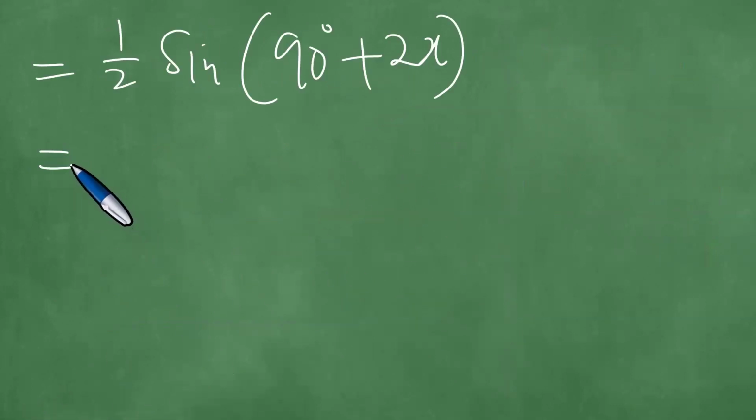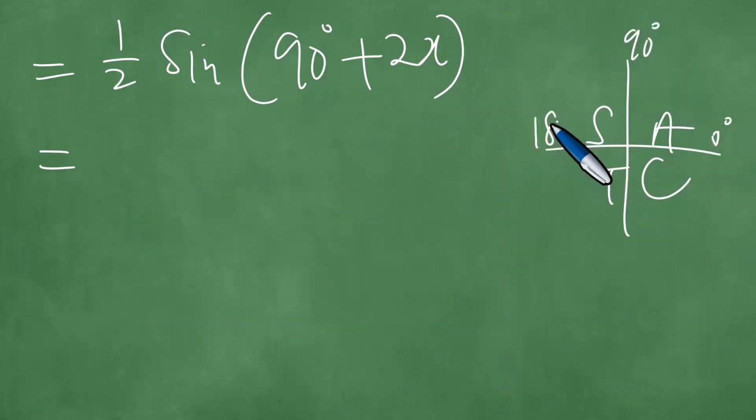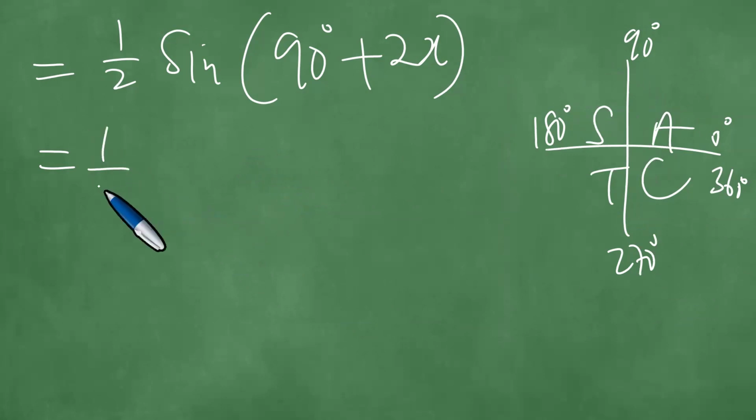And what is the meaning of all these here? So this 90 degrees plus x, using what we call the CAST diagram, we are able to see that this is 0 degrees, this is 90 degrees, this is 180 degrees, this is 270 degrees, and this is 360 degrees. So 90 degrees plus x is an angle in the second quadrant in which the sine is positive, but there's something we call the co-co rule.